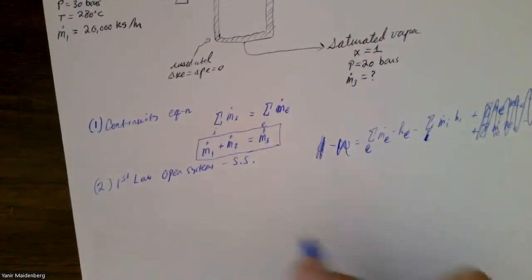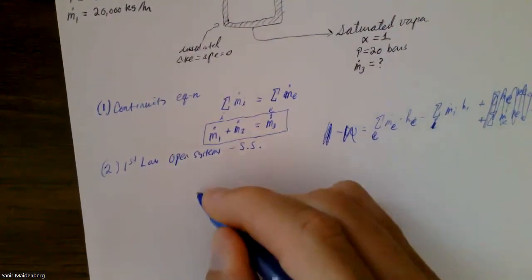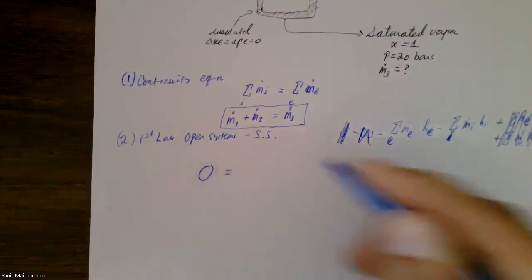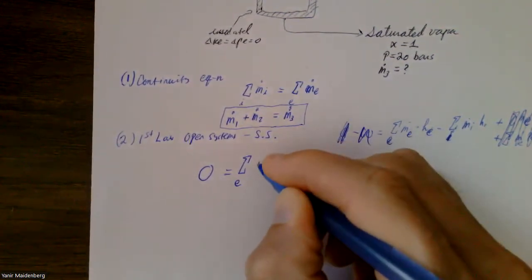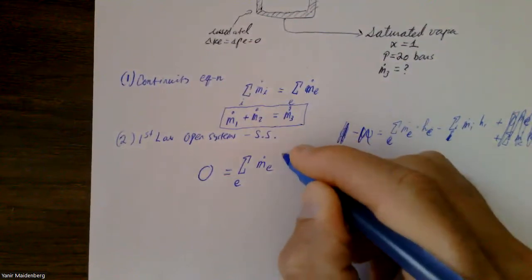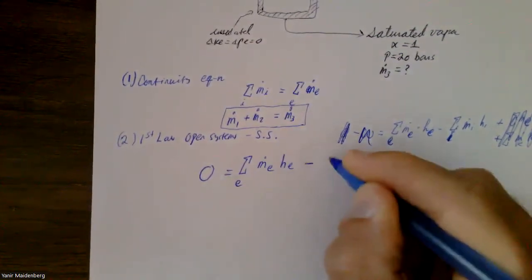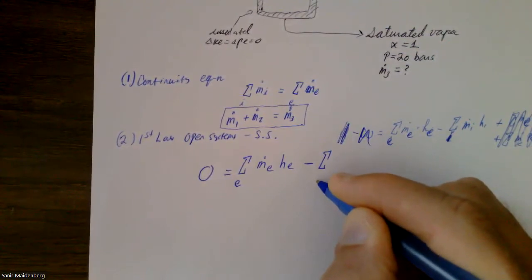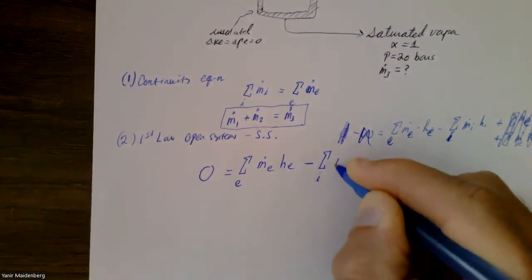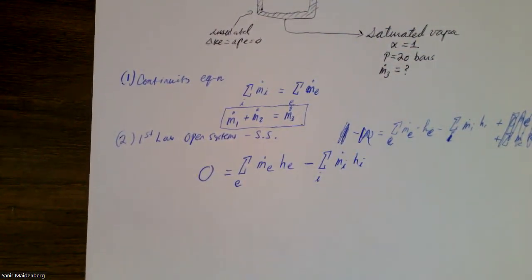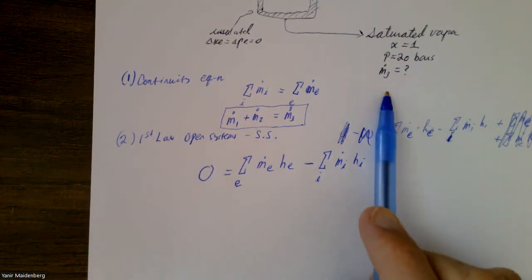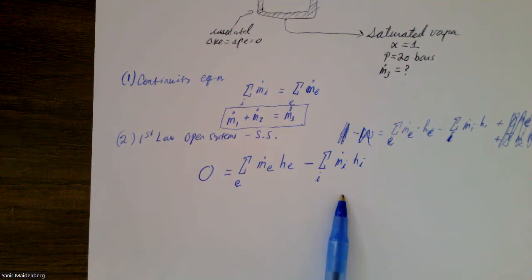So what we're left with from the first law is that 0 is equal to all the exiting streams, M dot E, H E, minus all the entering streams, M dot I, H I. That's what that's telling us. And our exiting stream is only one, M3, and our entering streams are M1 and M2.